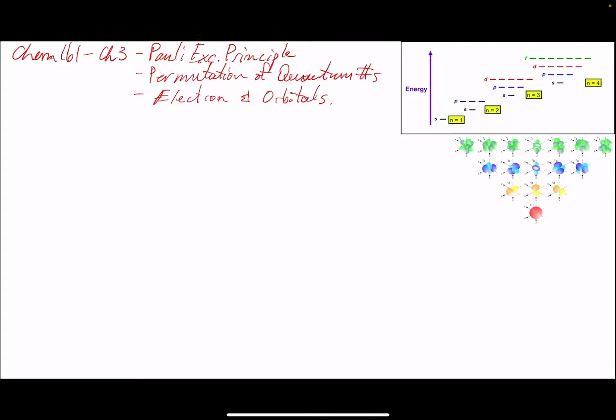Okay, we saw in a previous video that we can assign the identity of an electron in an atom according to 4 principal quantum numbers, and the Pauli exclusion principle tells us that no 2 electrons can have the same 4 quantum numbers.